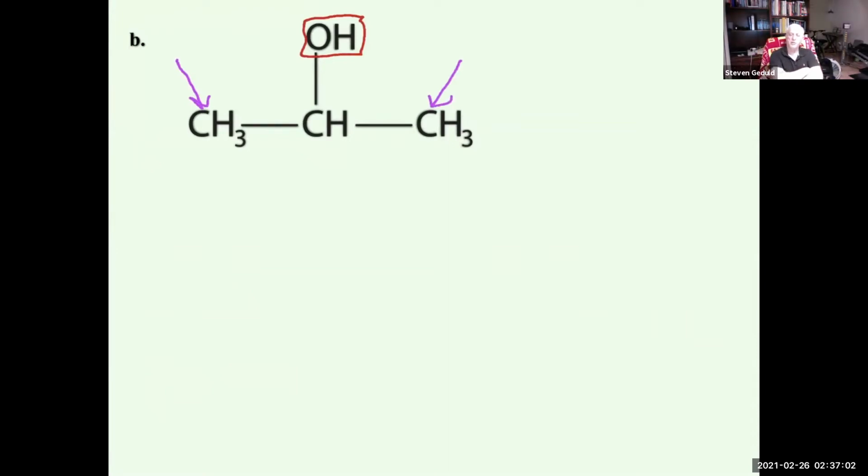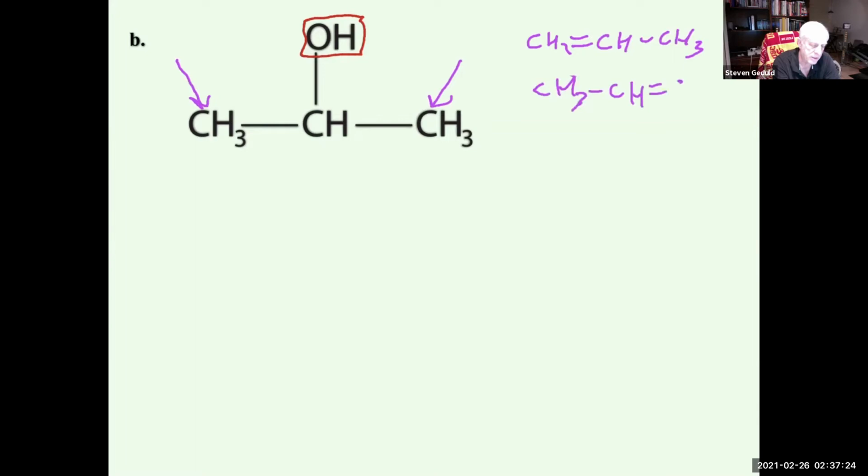It can go either direction. If we pull one of those hydrogens off, we end up with CH2 double bond CH, CH3. If you pull from the right side, we have CH3, CH double bond CH2. That's what you're able to form.